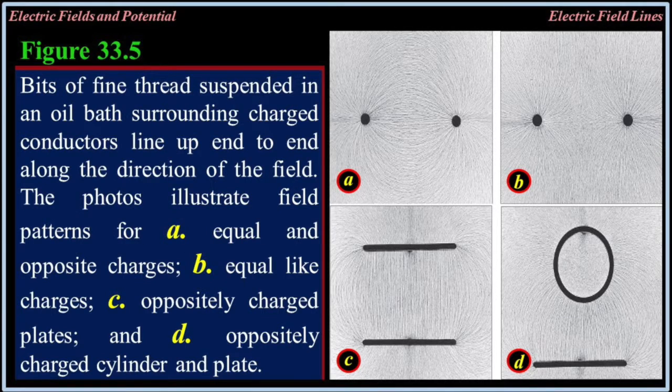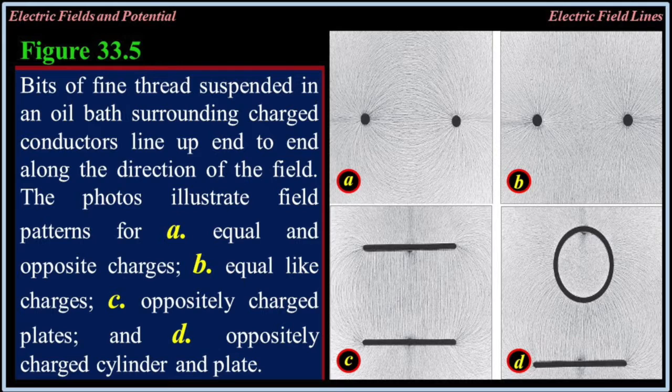The photographs in figure 33.5 show bits of thread that are suspended in an oil bath surrounding charged conductors. The ends of the bits of thread line up end to end with the electric field lines. In figure 33.5a and 33.5b, we see the field lines are characteristic of a pair of point charges.